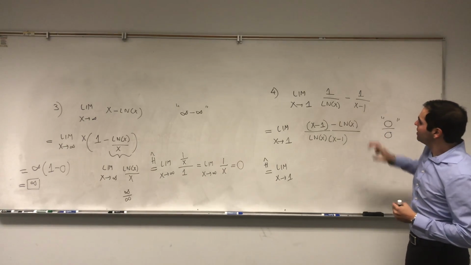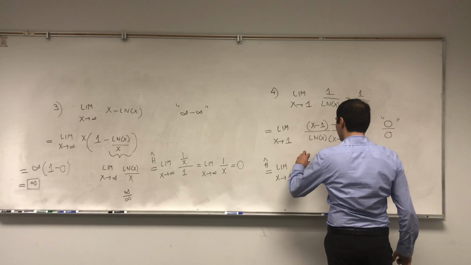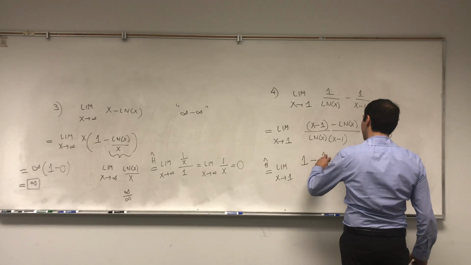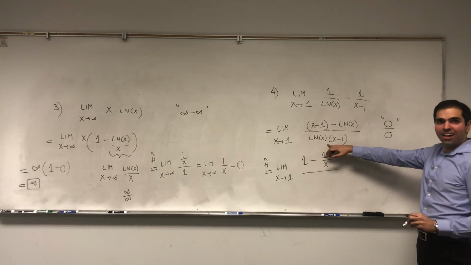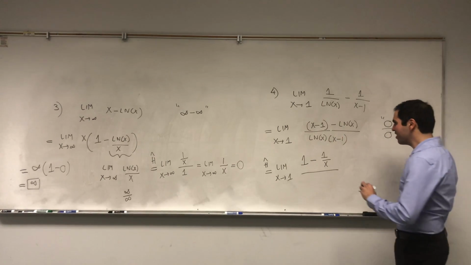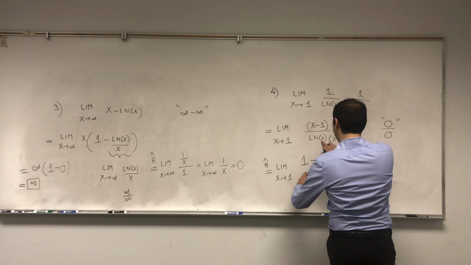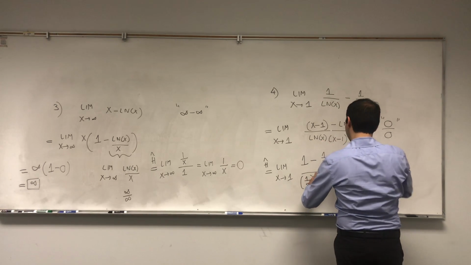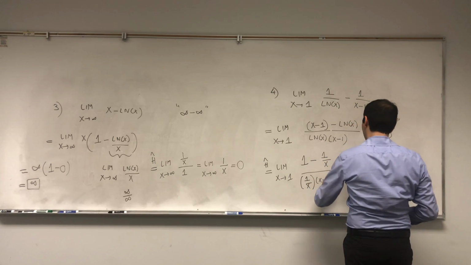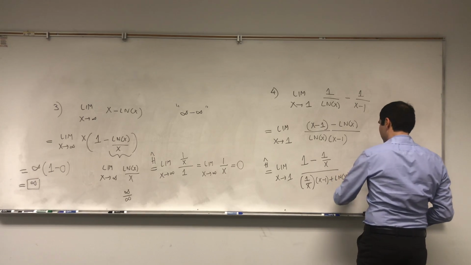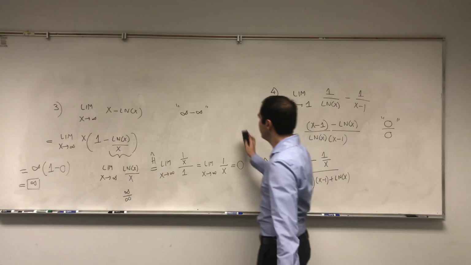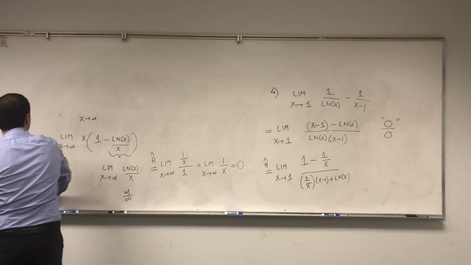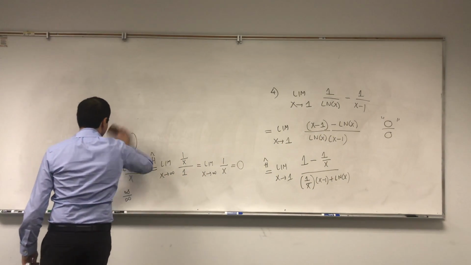Anyway, and then we get the derivative of the numerator, which is 1 minus 1 over x. And then for the denominator, you use the product rule. So you first differentiate this, 1 over x times x minus 1, plus ln of x times 1. And then notice what's nice is you can write this also on a common denominator.